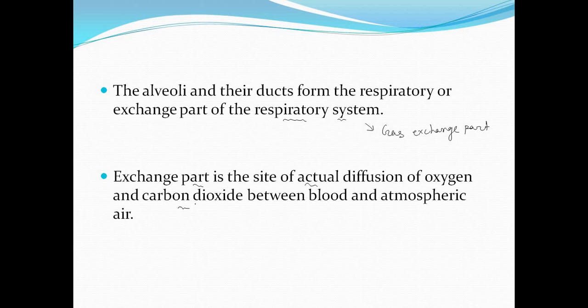The gas exchange occurs in the alveoli and lungs by the process of diffusion between blood and atmospheric air.